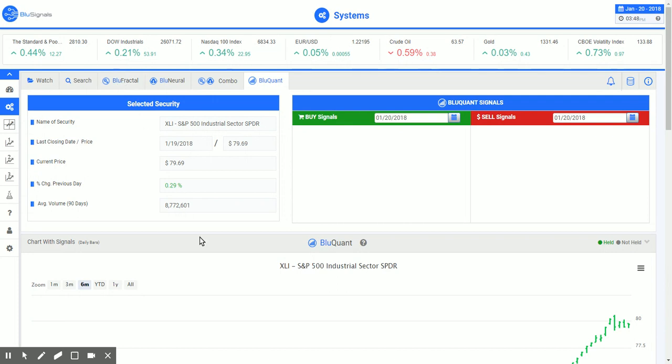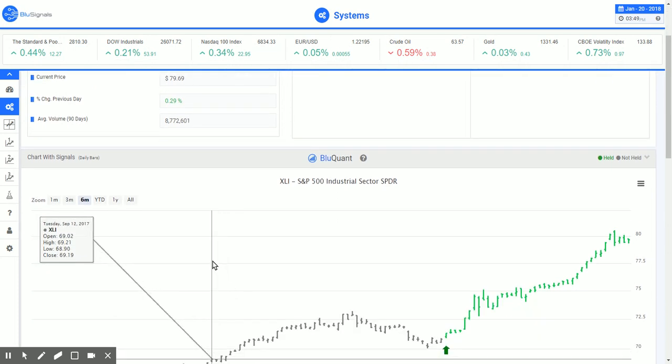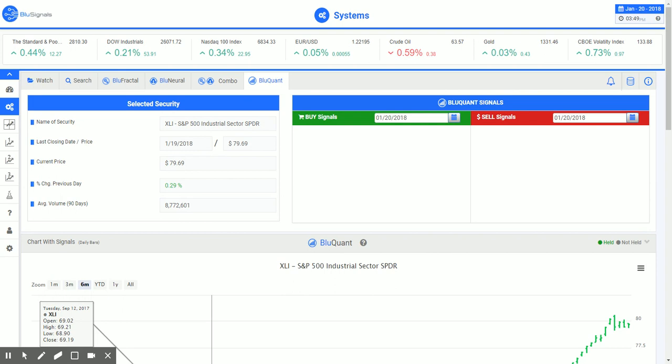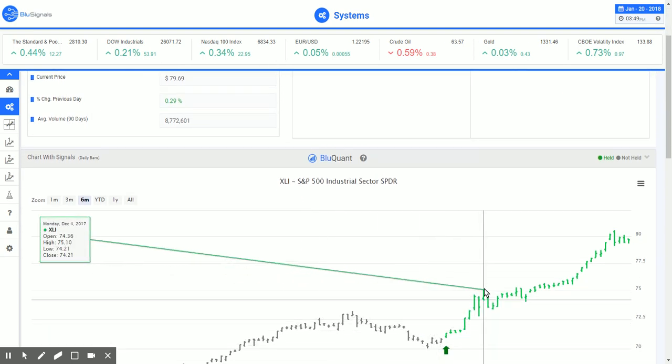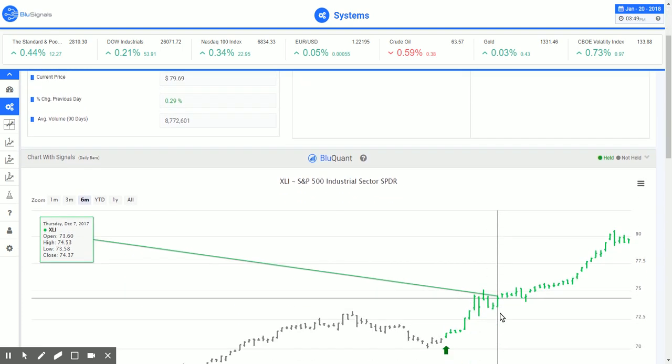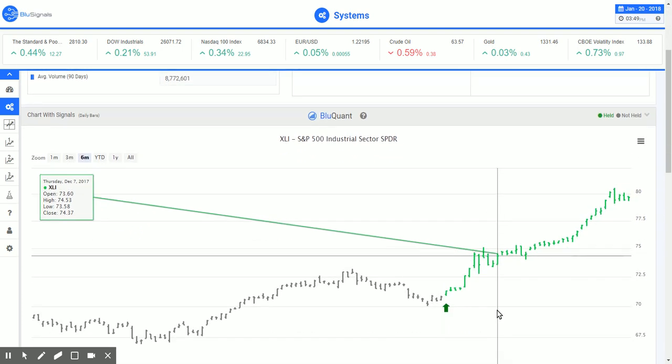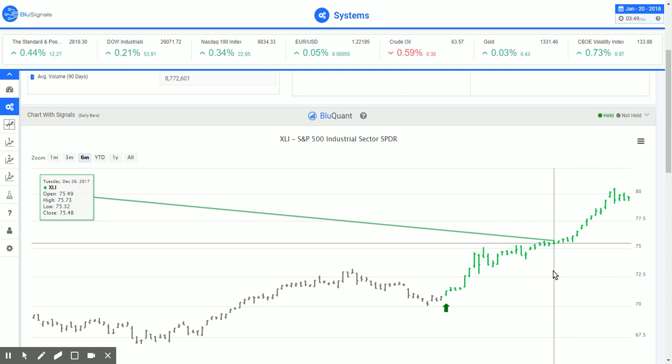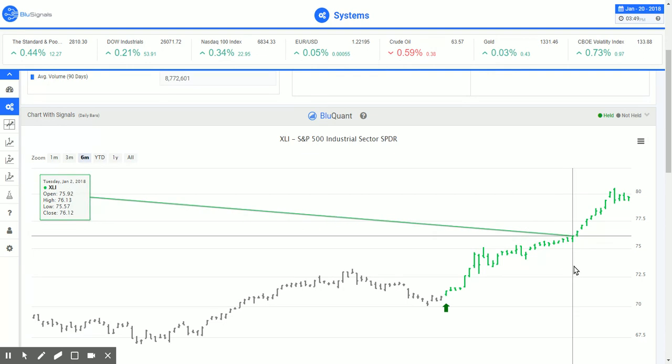By having all three systems, it gives a tremendous range of opportunities for one to choose from, whether they're performing their own trades and seeking out through our search function favorable setups in the BluFractal and Neural systems, and/or using BluQuant to produce this curated set of signals and positions for them to follow and take further advantage of in their own intraday trading methods and techniques.